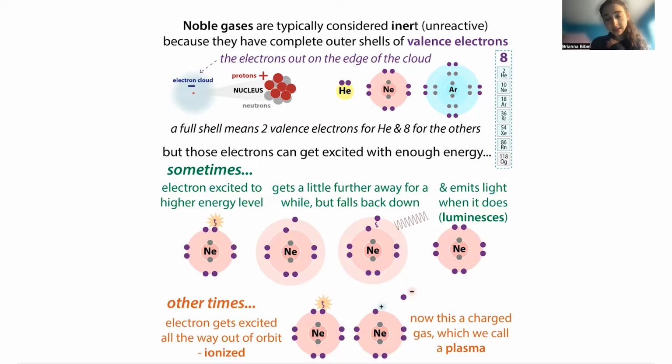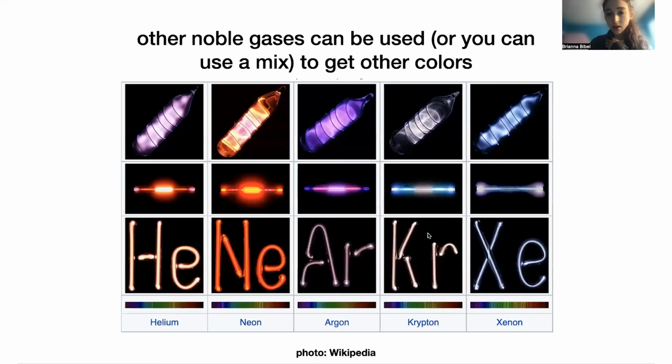This luminescence is what we see as the colored light, at least originally, in traditional old school neon lights. That red that you see is coming from the luminescence of the neon. You would get a purple if you were to look at argon, or a bluish if you look at xenon.